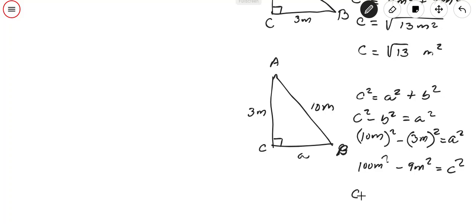So A will be the square root of 100 minus 9, which is 91 meters squared. It also will be the square root of 91 meters.